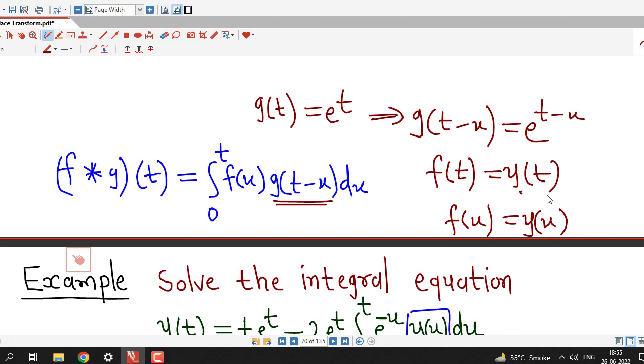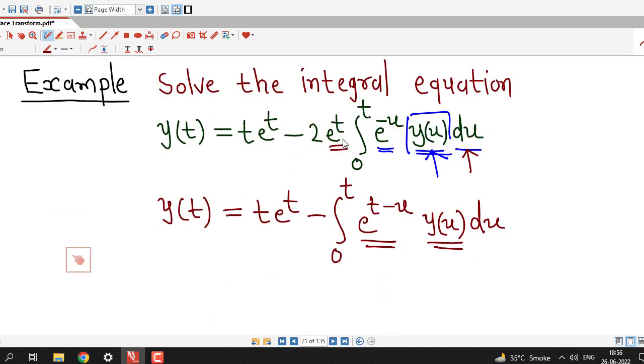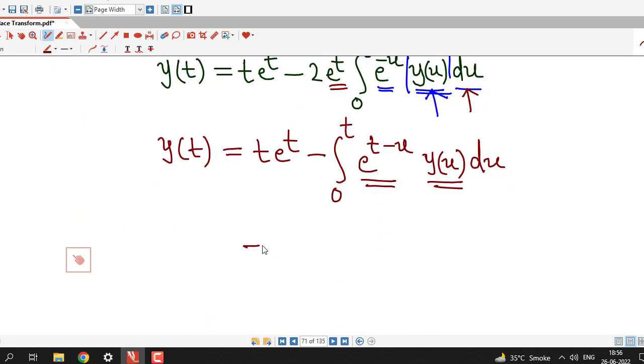F of t is y of t, g of t is e raised to t, and then y of u equals f of u, g of t minus u equals e raised to t minus u. Therefore we have the convolution of function y with e raised to t. The second term we can write as the convolution of y and e raised to t.